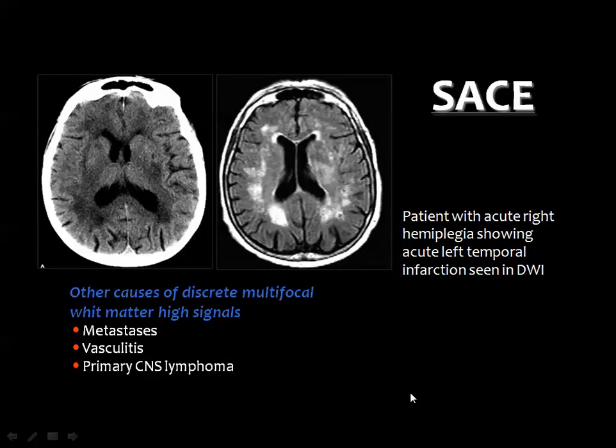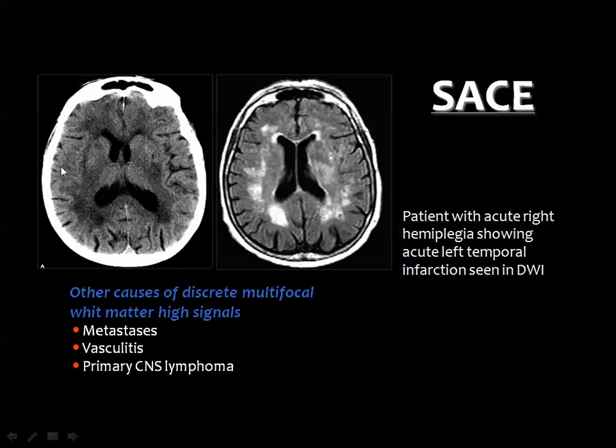So for the evaluation of patients having recent ischemic insult, we need them to be examined by MRI, including the diffusion weighted images. And this is subcortical arteriosclerotic encephalopathy by CT and by MRI FLAIR weighted images.